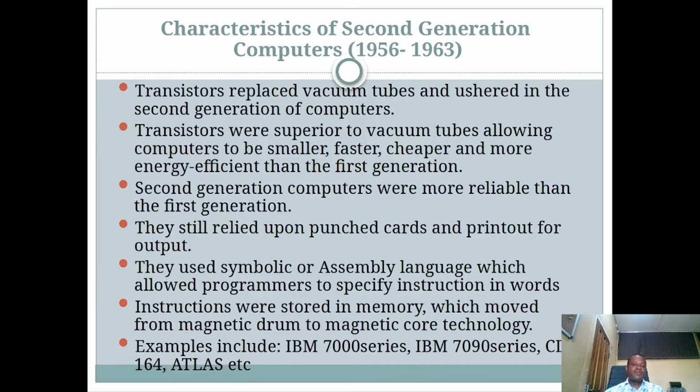You can find out the meaning of IBM. IBM stands for International Business Machines. We have the IBM 1790 series. We have CDC 164. We have Atlas. So these are a few examples of second generation computers.